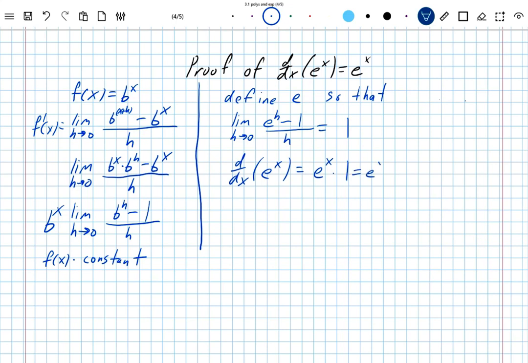And that's just e to the x. So clever. It means that our derivative for 2 to the x is going to be 2 to the x times some constant I don't know yet. And we'll figure out what that constant is really soon. It's going to be the natural log of 2. But we'll get there.